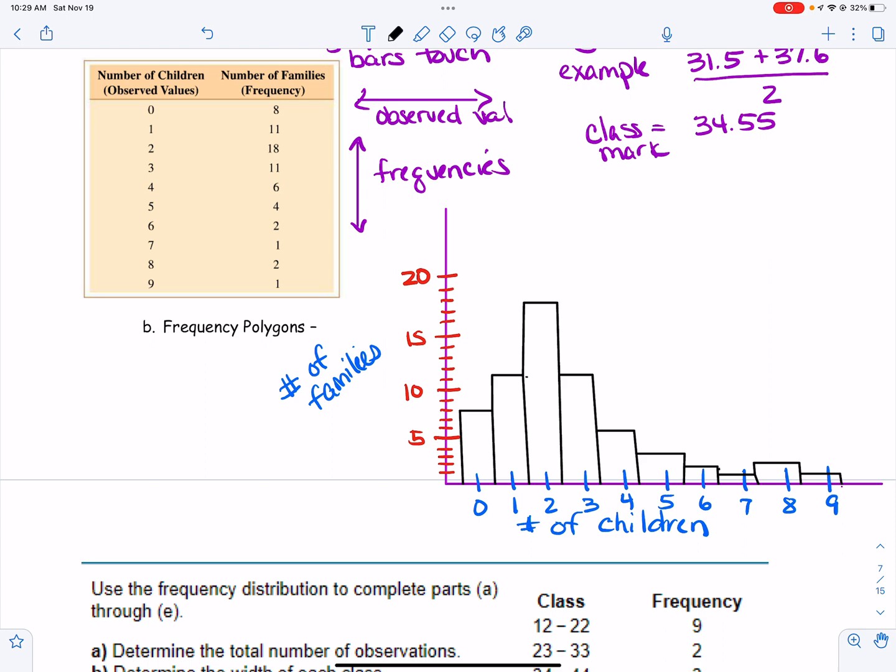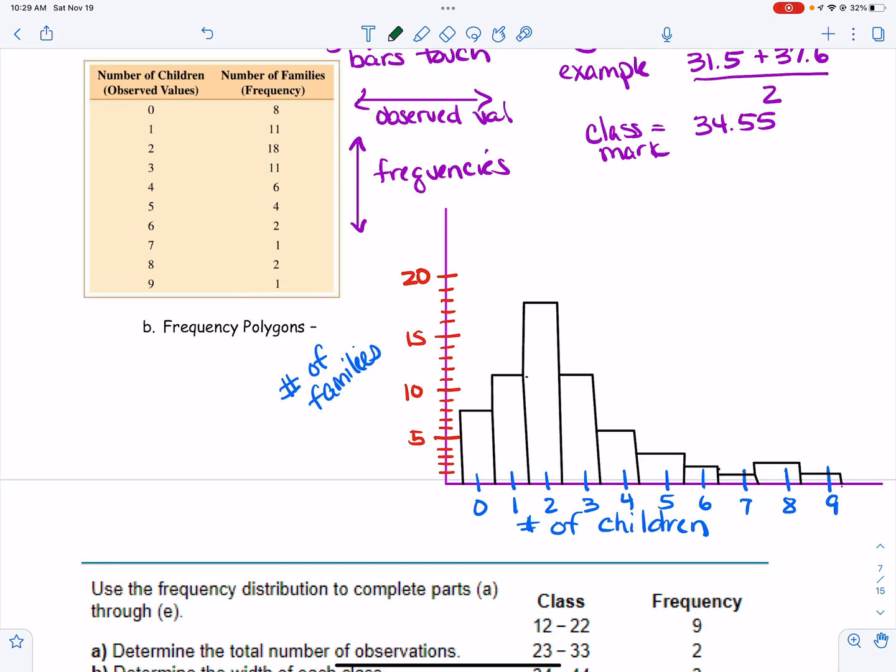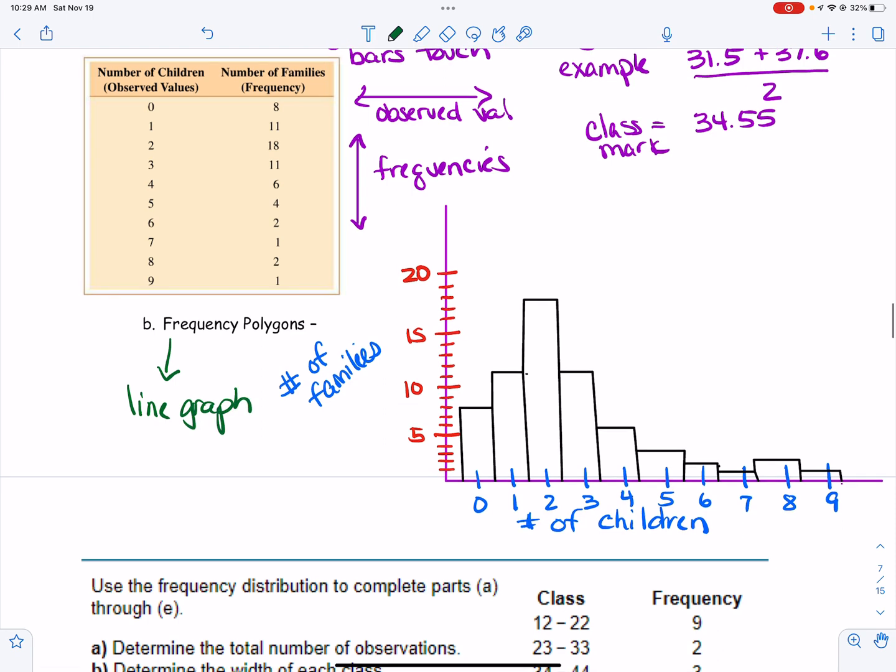And a frequency polygon is just a line graph. So I'm going to make my frequency polygon on top of my histogram. This is just a line graph. And so I would put a dot at the center of each of these bars, and then I would connect them.